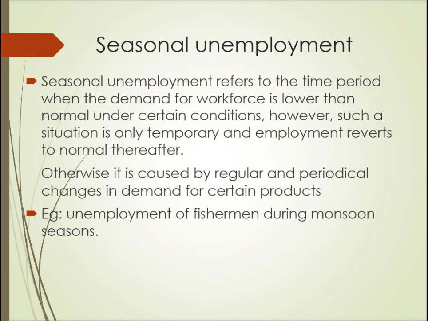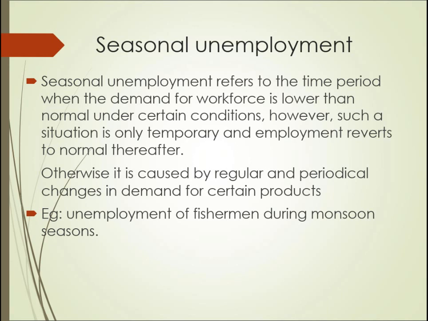So maybe 2 or 3 or 4 months before, there will be an increased demand for laborers producing those umbrellas or raincoats. But during the rainy days, the production of umbrellas might be less because they are already produced and stocked. So during that period, these employees will become unemployed. So seasonal unemployment results due to certain seasonal changes happening to the economy.